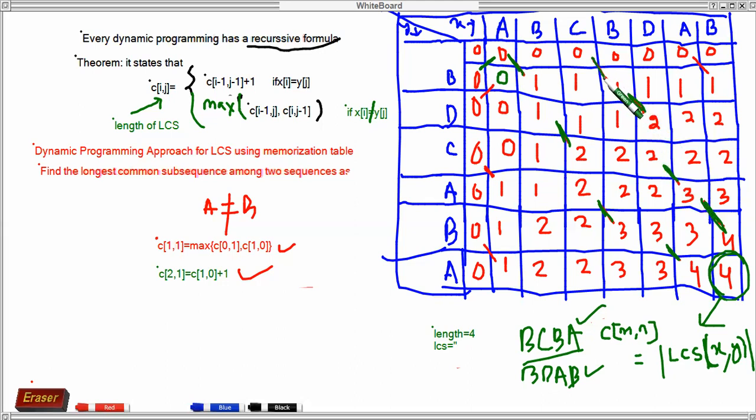What I said. From the 4, this 4 output there, you can travel from this.